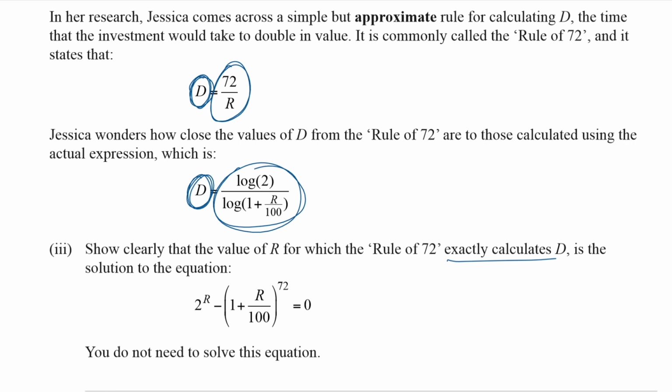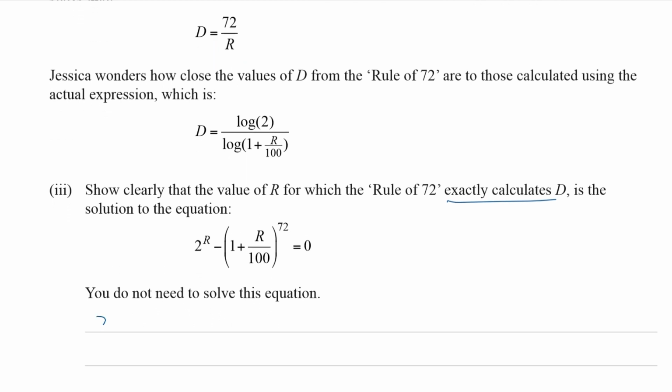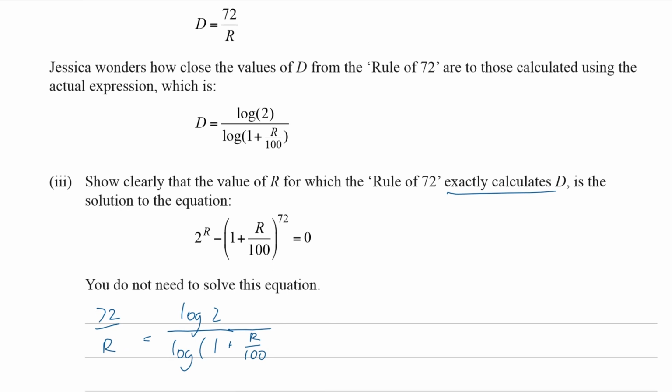So our first step should be to equate those together. 72 over r equals log of 2 over log of 1 plus r over 100. Alright, so that specifies that the approximate rule, the value for d that the approximate rule calculates, is the same as the expression that we just rearranged for in part 2.